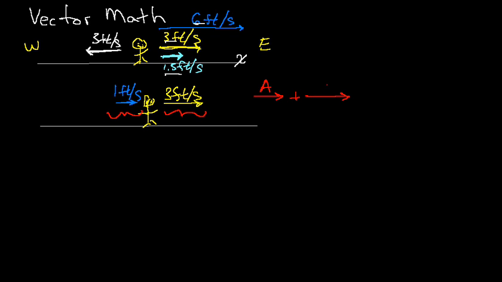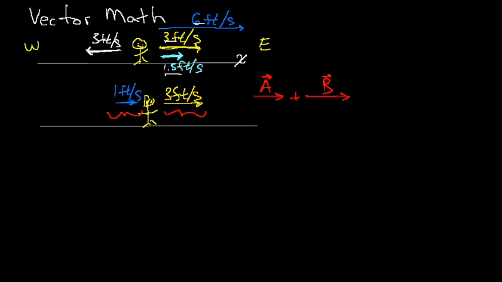If we're talking about one dimension and both vectors are in the same direction, let's call this vector A and this vector B. Instead of putting in the feet per second, I'll just make it general. This is just any old vector A, and the way you show a vector is by putting a little arrow on top.